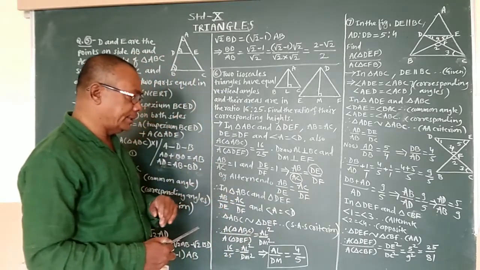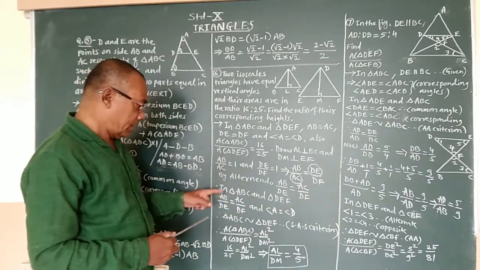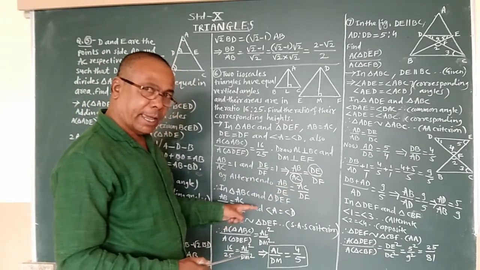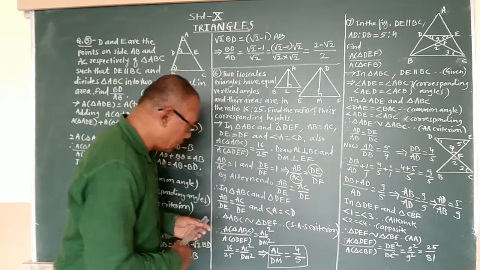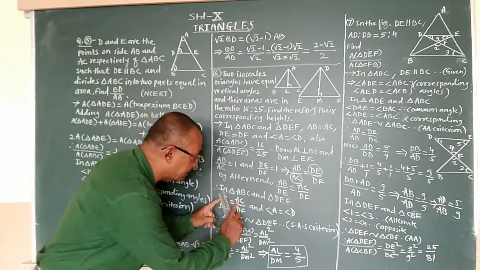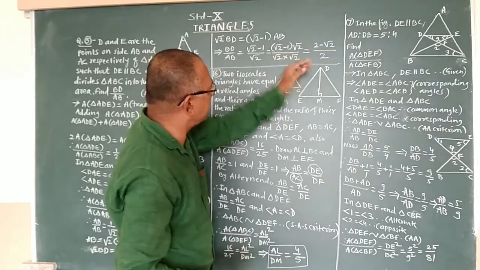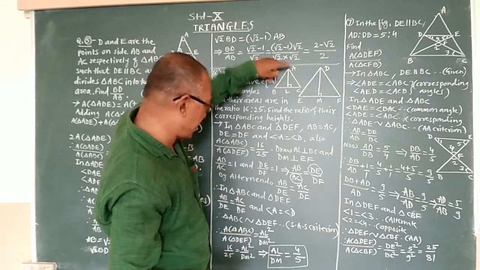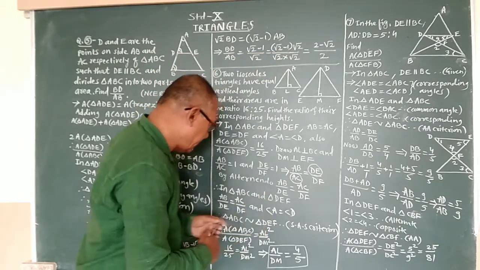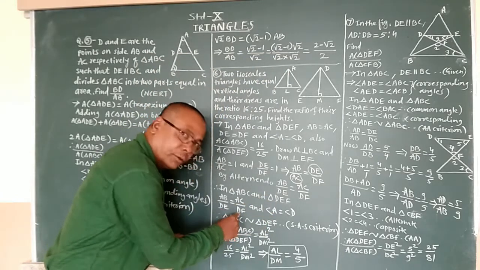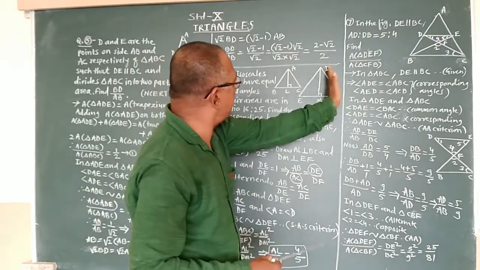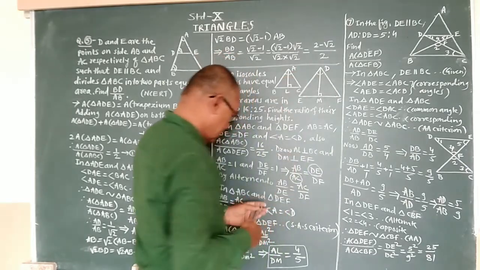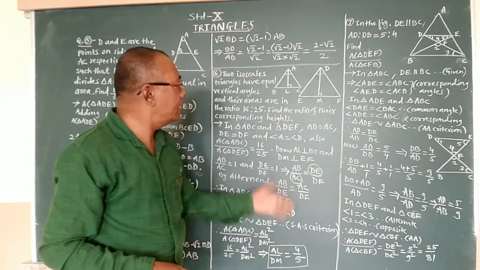So in triangles ABC and DEF, we know that AB upon DE equal to AC upon DF, and angle A equal to angle D. Here we see AB and AC, and the angle included by AB and AC is angle A. Similarly, DE and DF, and the angle included by them is angle D.